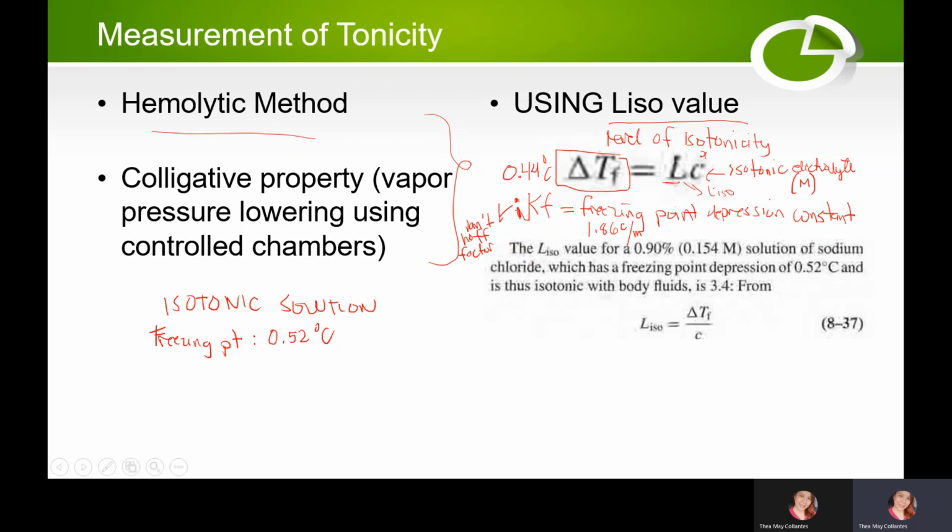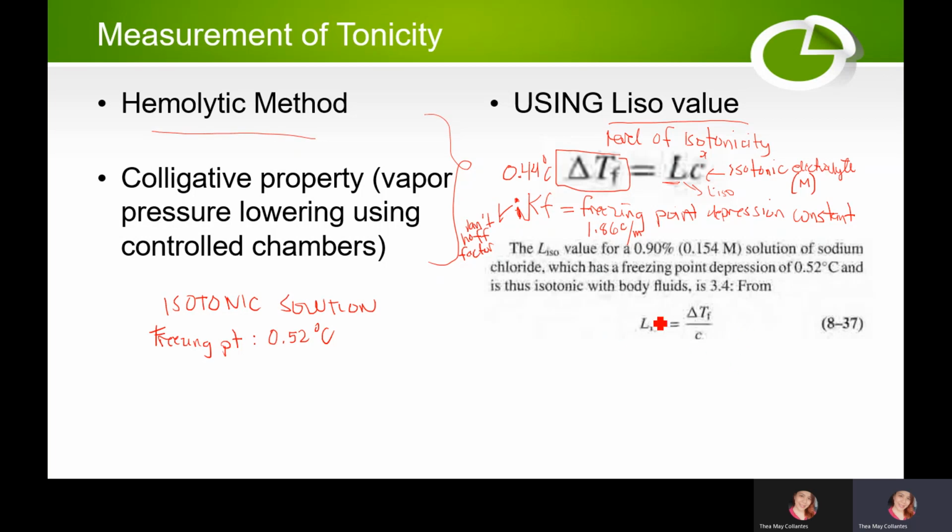So I hope we are clear with that. We are using your LISO value in order for us to get the change in your temperature. And basically, we would want a certain change in your temperature to reach 0.52 because 0.52 is always your standard. Okay? And this one here below is just how you derive certain LISO values for your different electrolytes.